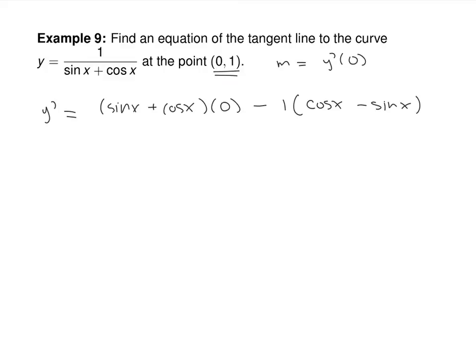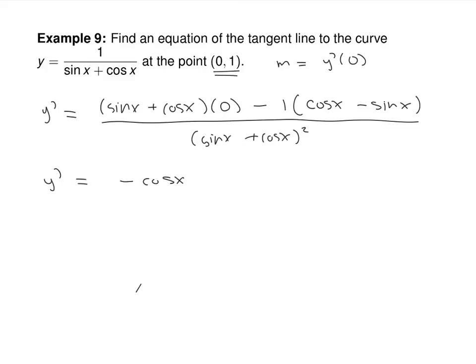Spectacular. All over low squared, sine x plus cosine x squared. So y prime is negative cosine x plus sine x over sine x plus cosine x, the whole thing squared.